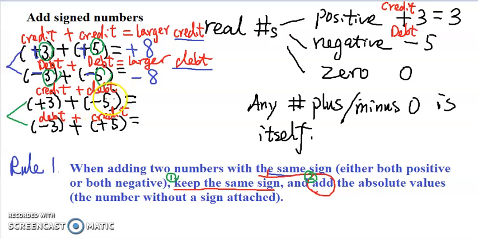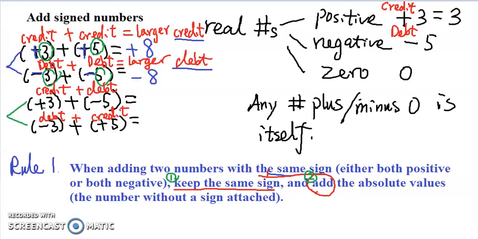So we have more debt. If we have more debt, then your credit is not going to be enough to pay that debt. So you have $3 in your bank account, but you owe somebody $5. Even if you take out that $3 to pay this person, you still owe this person some money, because you owe more money than the money you have.